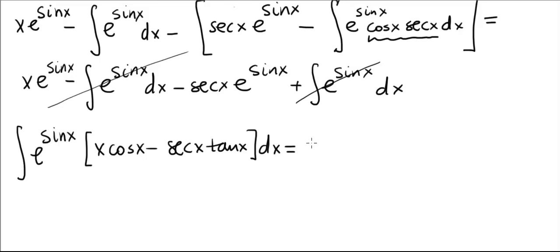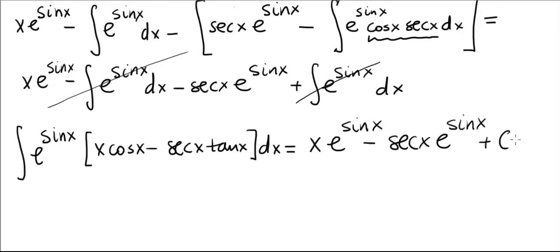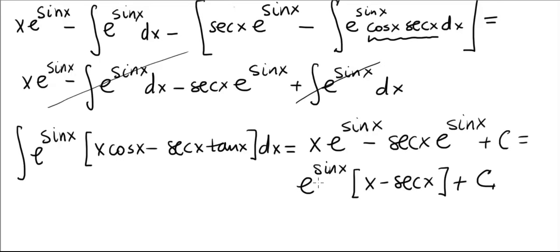It is equal to x e to the sine x minus secant x e to the sine x plus c, or we can factor out e to the sine x times (x minus secant of x) plus c. So we integrated by parts twice and ended up with the two integrals in the integration by parts process canceling each other out, leaving the answer.